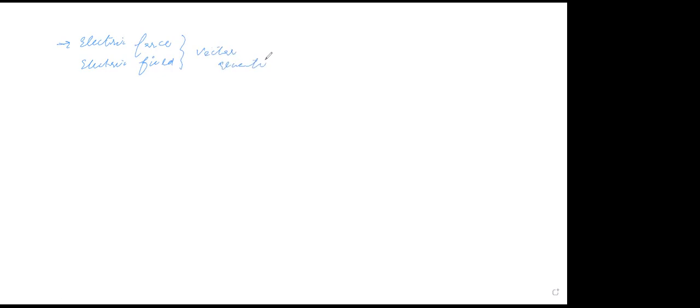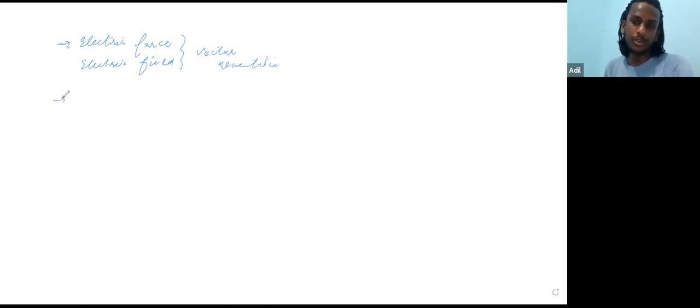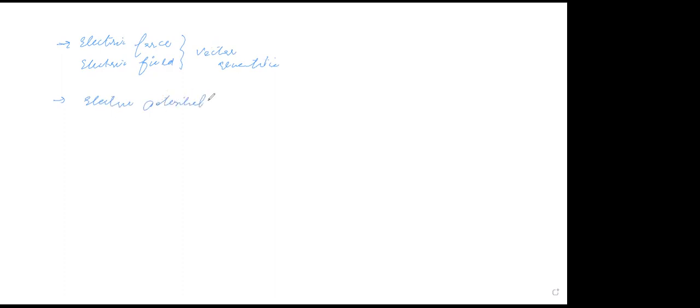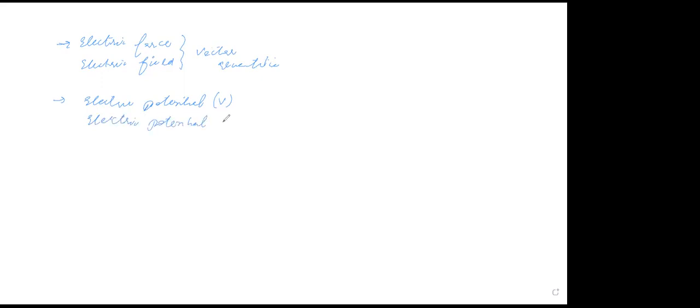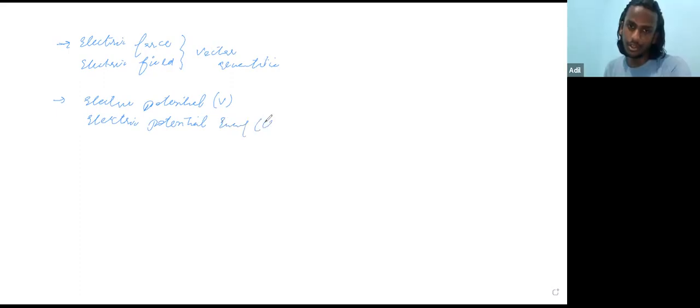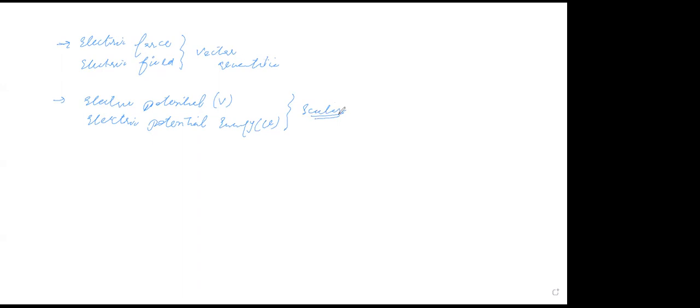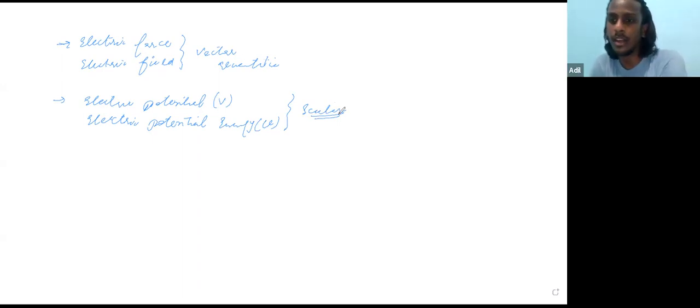But now in this chapter we are going to introduce two new quantities, in which the first one is electric potential, denoted by capital V, and the second one is electric potential energy, U. Remember, potential energy you can say U. These two quantities are scalar quantities, right?